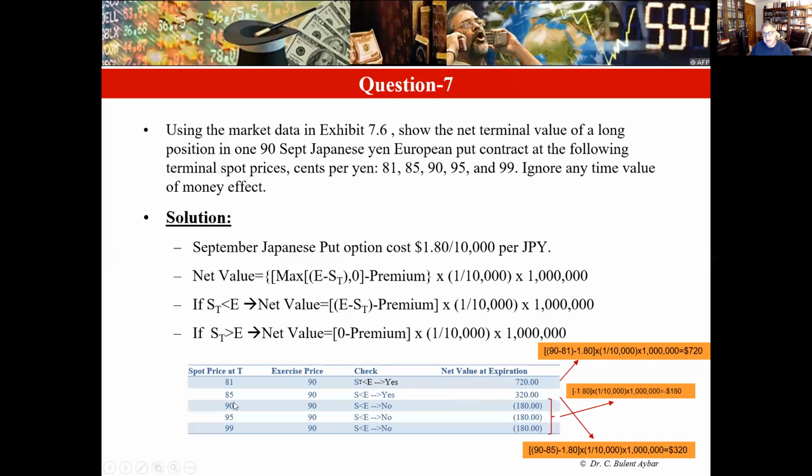But after that, the put option is not going to be exercised. As a result, the net value of the contract is the sunk cost, which is the premium that we paid, which is $180. Okay, so this is the put option version of the same problem, and again, it illustrates the put option and how we treat put options at the expiration.